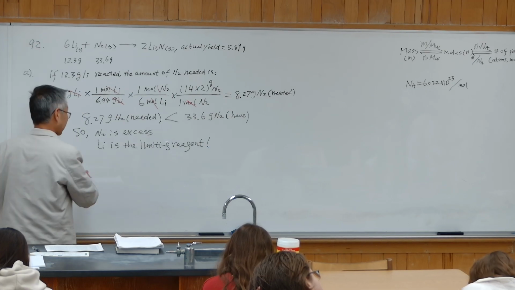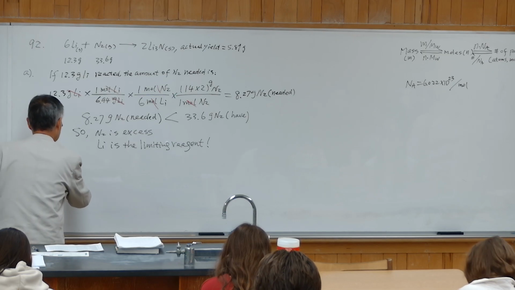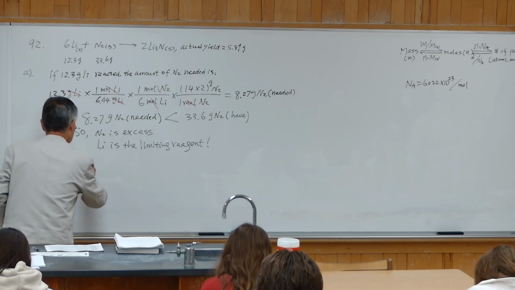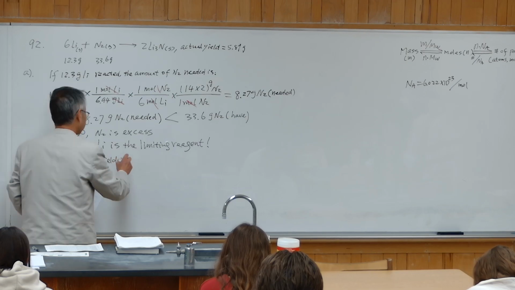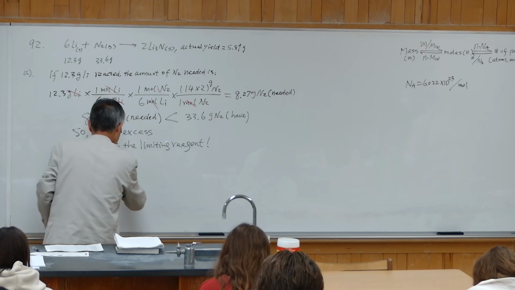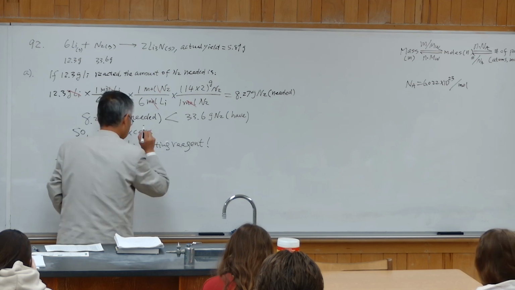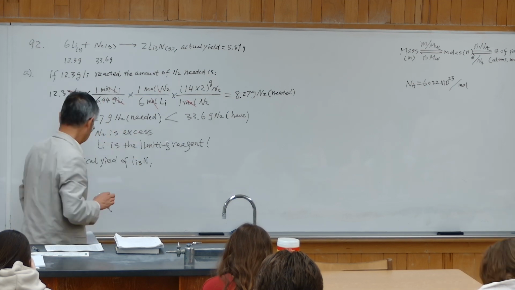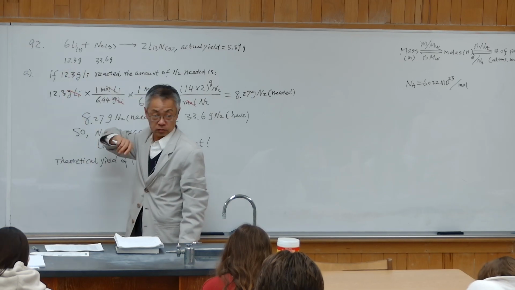Now we can calculate the theoretical yield. Whenever you have the limiting reagent, we can calculate the theoretical yield. So now you have to use the limiting reagent; you don't have a choice.